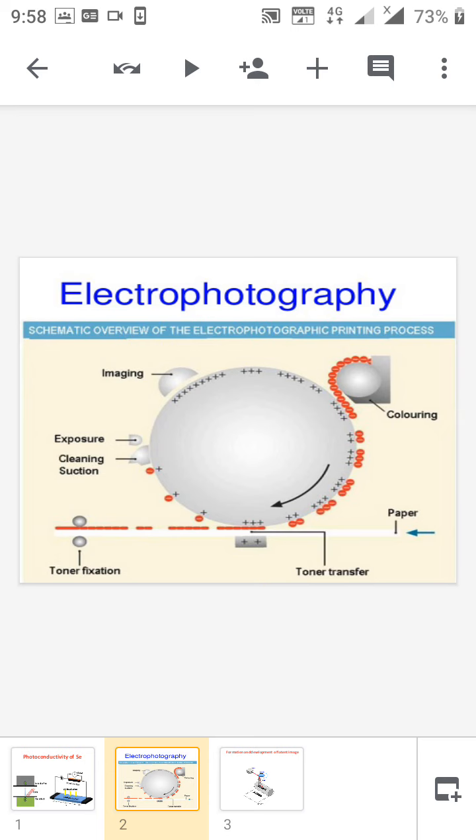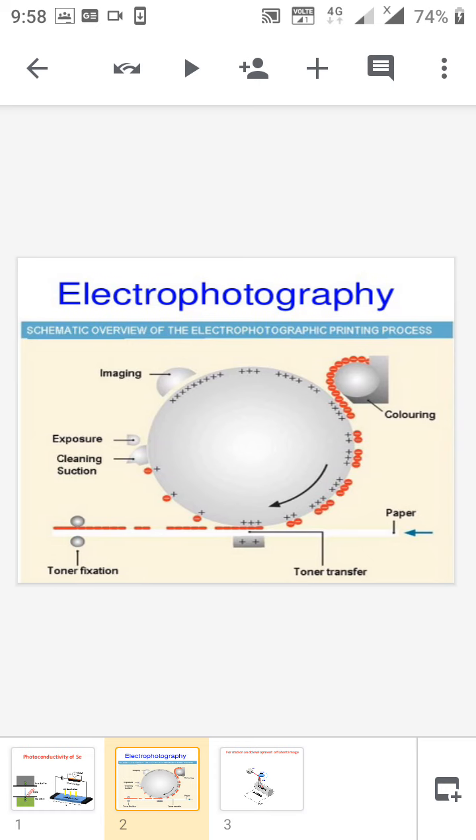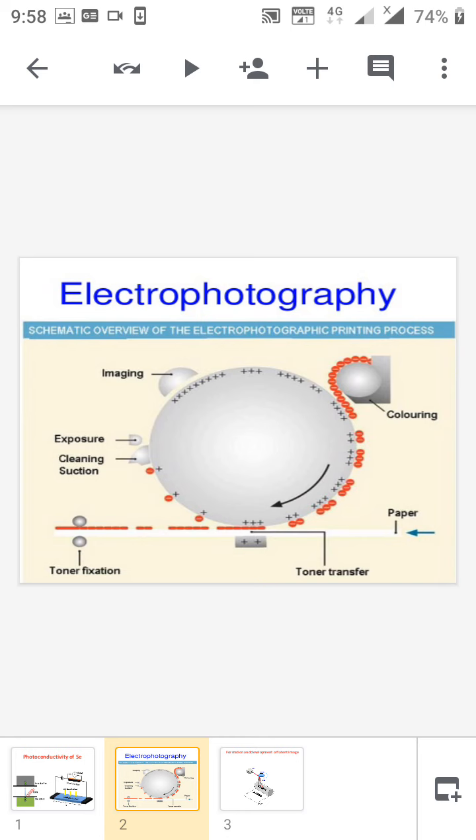When the toner particles run over the photoreceptor, they acquire a negative charge due to friction and are attracted electrostatically to the image charge on the photoreceptor. Here the negative charge is shown by the red color, and the positive charge on the drum is attracted by this negative charge.